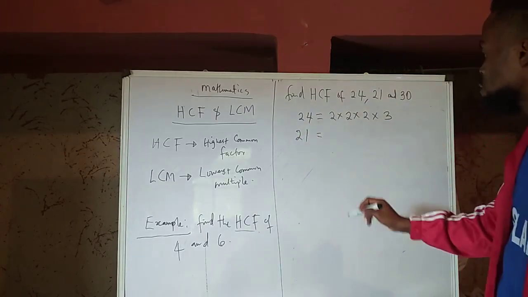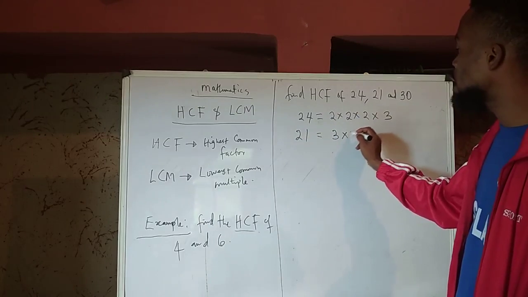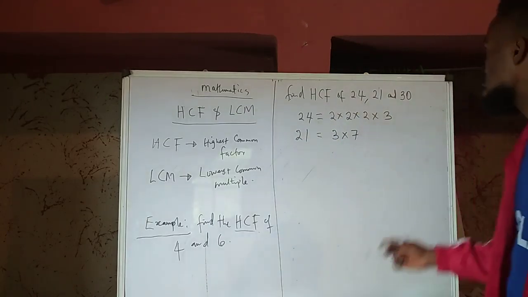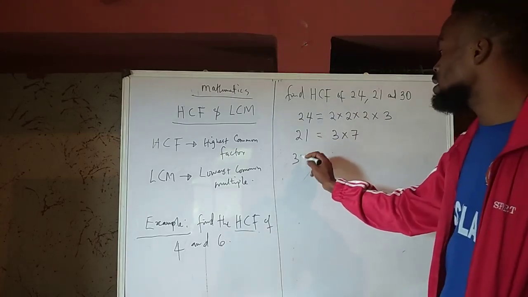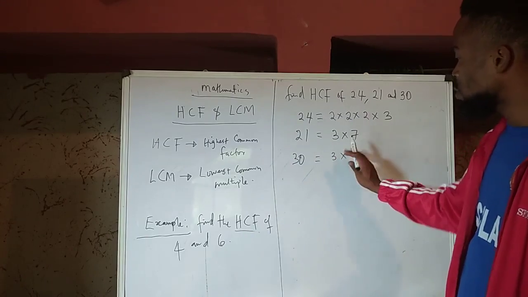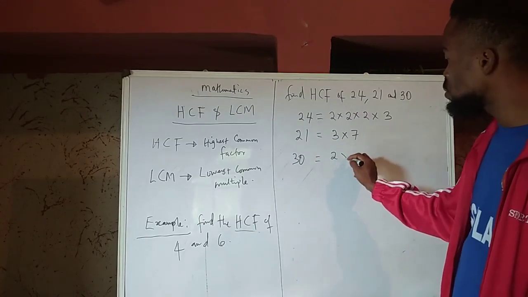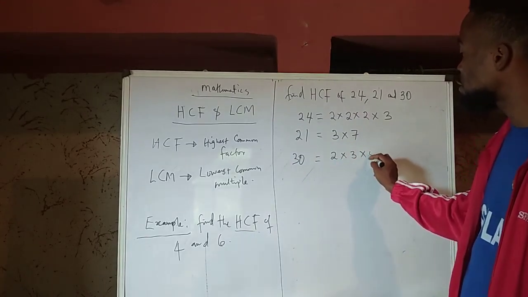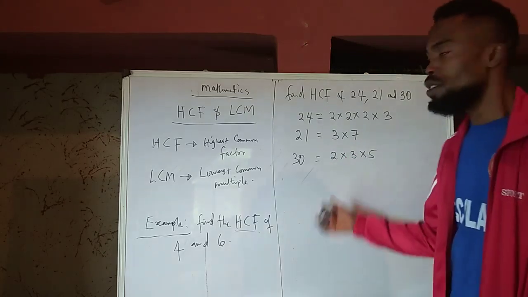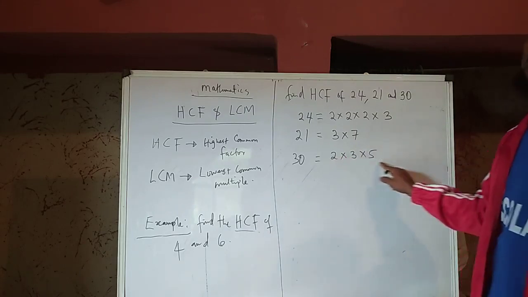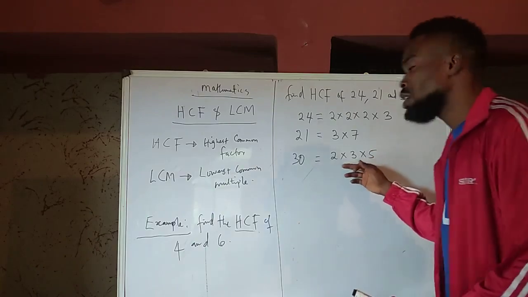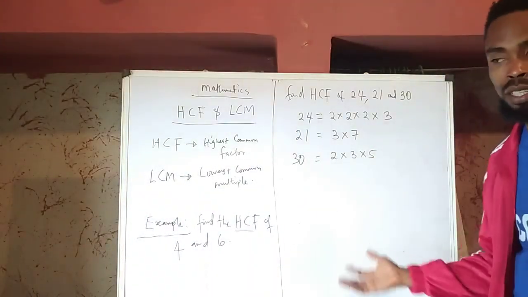Prime factors of 21 will be 3 times 7. Both are prime numbers. Then the prime factors of 30 is going to be 2 times 3 times 5. I wrote this starting from the smallest to the biggest. In any way you do it, you get the same answer. You just need to arrange it.